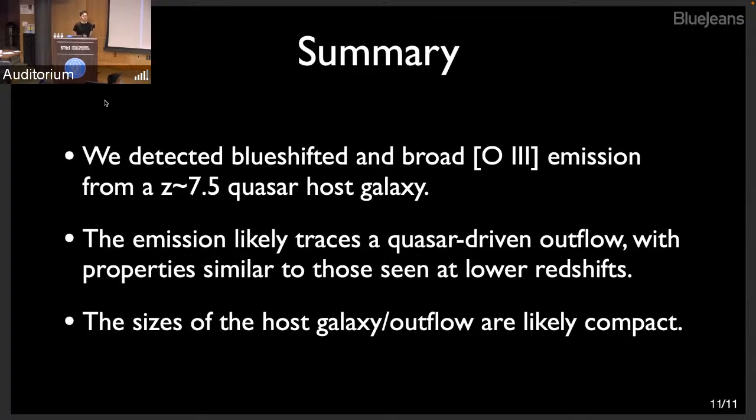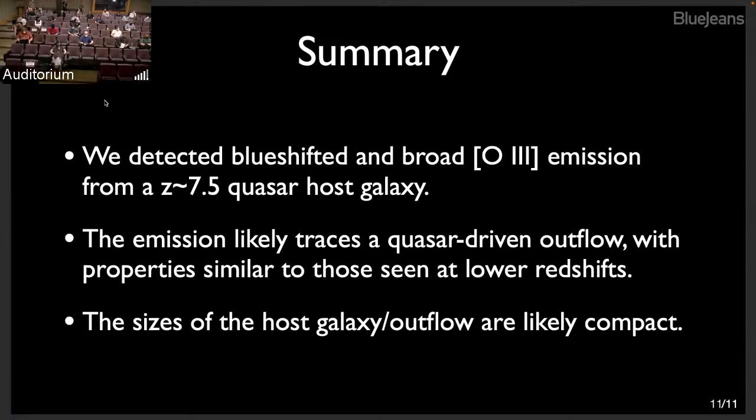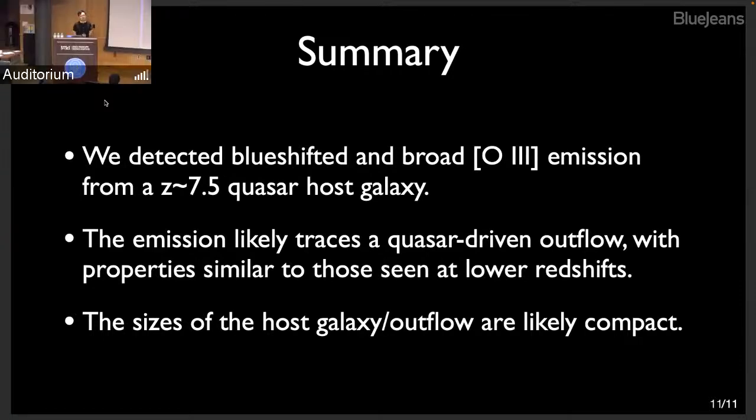Have you compared the features of outflows using other narrow emission lines, like the narrow H beta? Have you first detected a narrow component for the H beta? Not yet, because we are still working on the data. But for now, the most promising detection is [OIII]. For H beta, we don't have a clear detection yet, because you have a very broad H beta there.